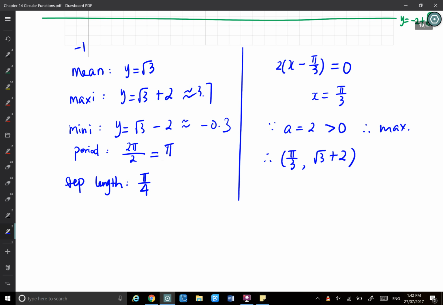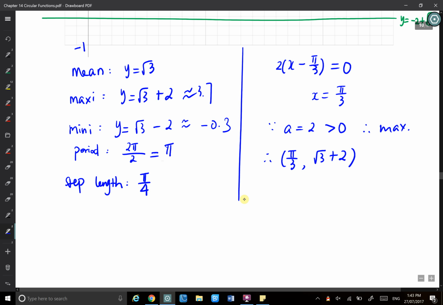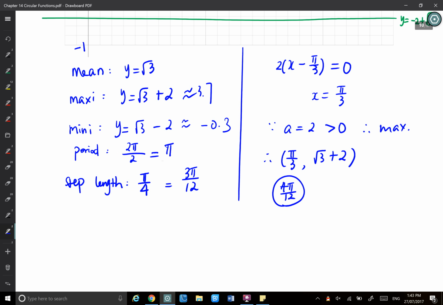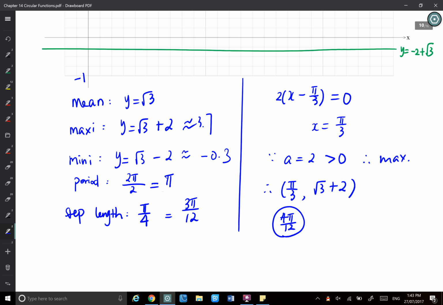So what do you think would be a good length for each box? Pi on 12. Exactly, pi on 12, because the next one will be 2 pi on 12, the next one will be 3 pi on 12. So this one is 3 pi on 12. The starting point is actually 4 pi on 12. So each box will be pi on 12.